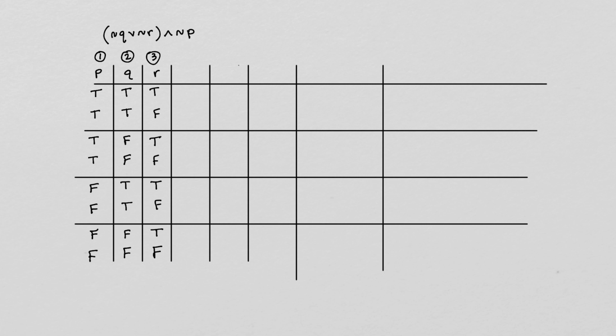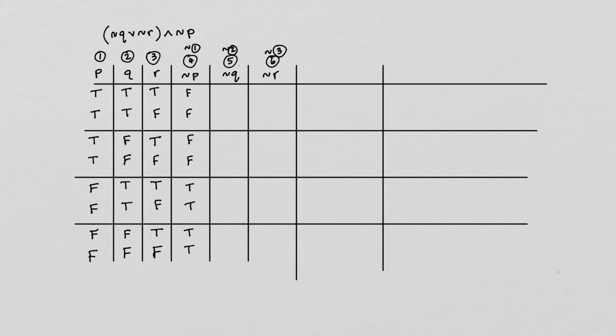I just like to go in alphabetical order, so I'm going to negate column 1, and this will be not P, and then negation of column 2, and that'll be not Q, and negation of column 3, which is going to be column 6, will be not R. All right, so I just want to do the opposite of the P's, and that is a lot of false and then a bunch of true.